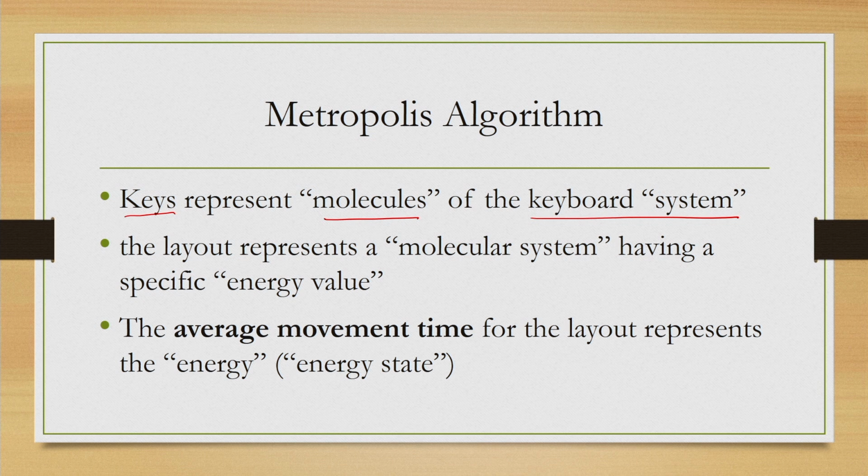So, the overall layout represents a molecular system having a specific energy value, which is again a natural thing. What is the energy value in the case of our keyboard system? It is defined as the average movement time for a layout. So, the average movement time for the layout is the energy. Now, a keyboard with this specific average movement time is said to be in a specific energy state.